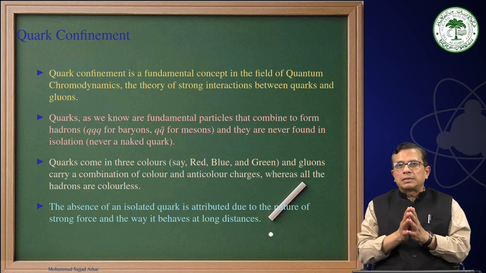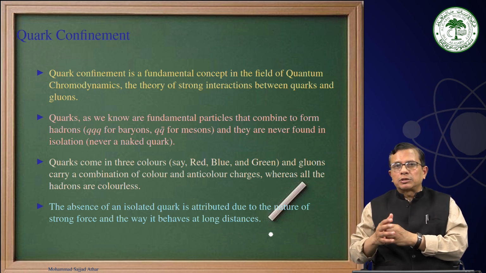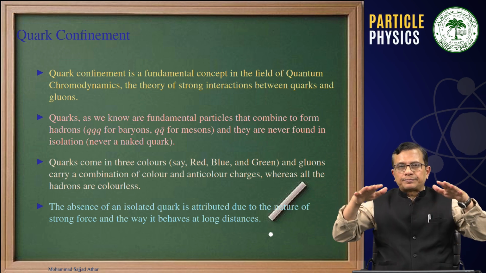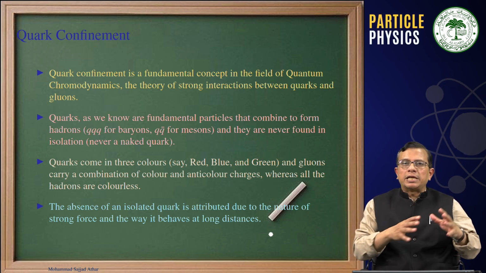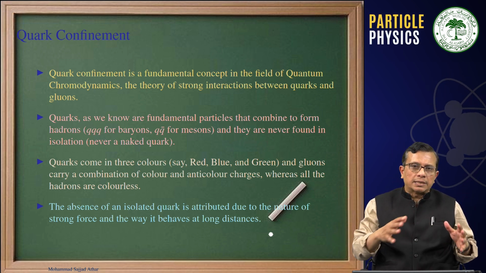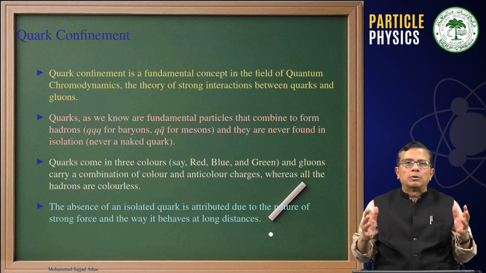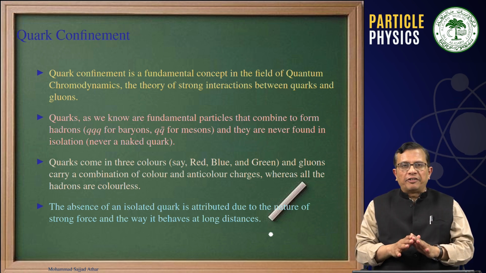We have also discussed the J/psi meson, the epsilon meson and other mesons, which are the charm anti-charm state, bottom anti-bottom state, etc. And today we are going to discuss quark confinement.